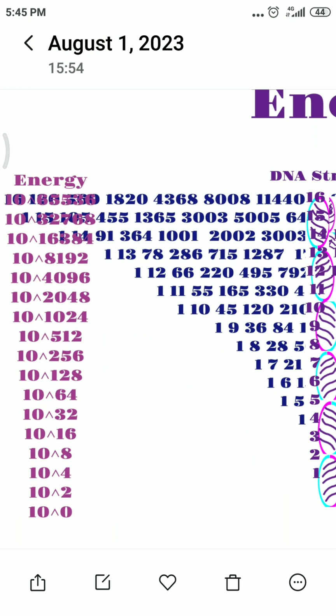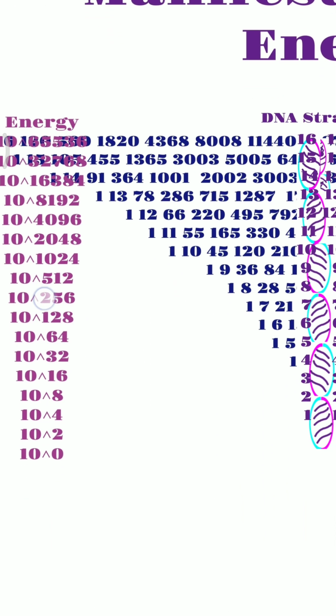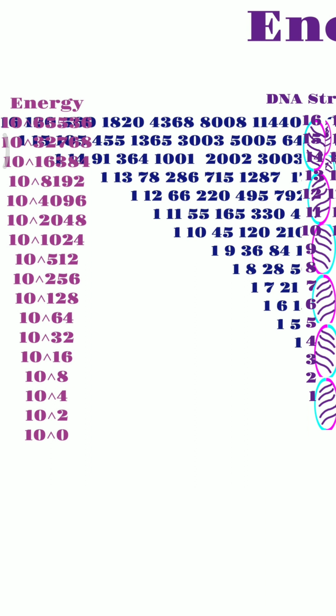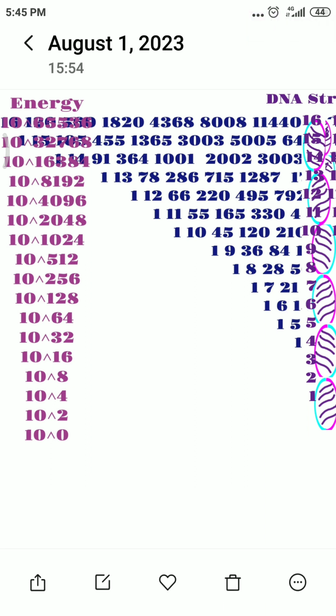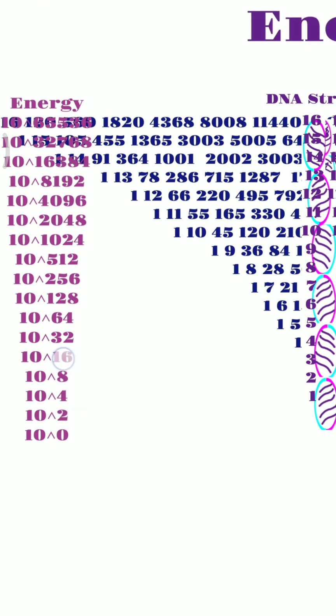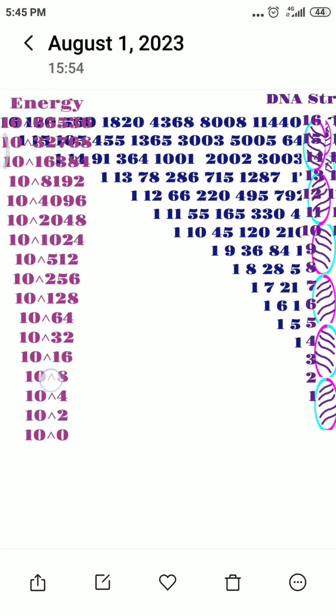and we have the energy, which is basically the qubits, 2 raised to n. The difference here being that this is 10 raised to 2 raised to n, you can say. This is 10 raised to 2 raised to 1, 2 raised to 2, 2 raised to 3, 2 raised to 4, like that. This is the energy.